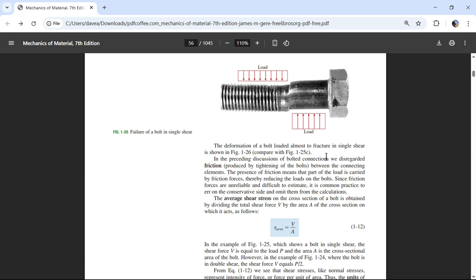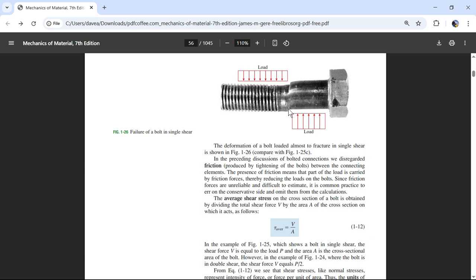But if I took a bolt and loaded it on both sides, I could shear it until it broke, calculate the force it took, the V, the shear force, and since I know the area, I could say there's an average shear stress on that face. And mathematically, that is 100% right.